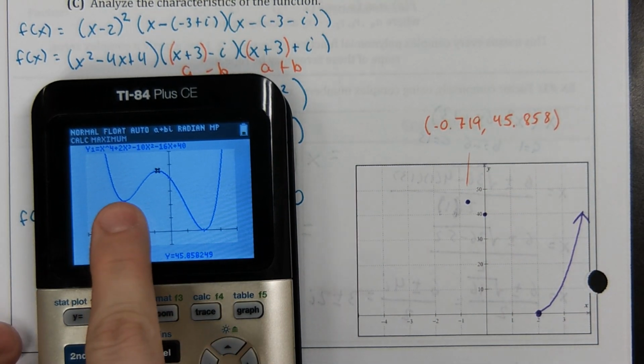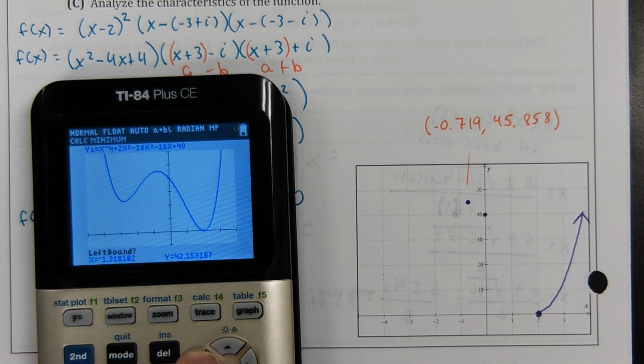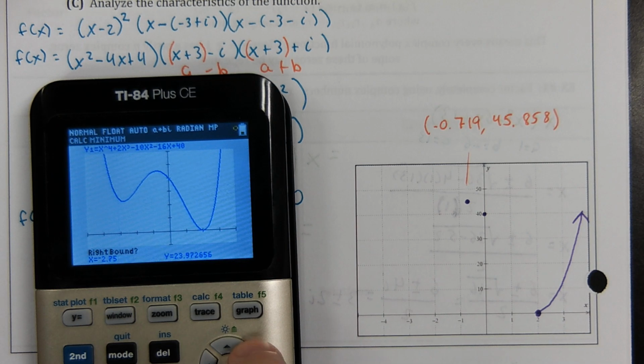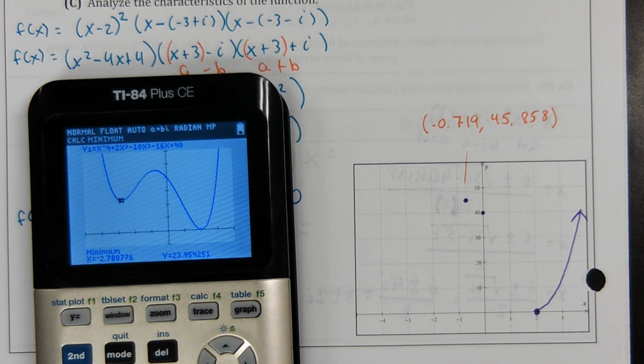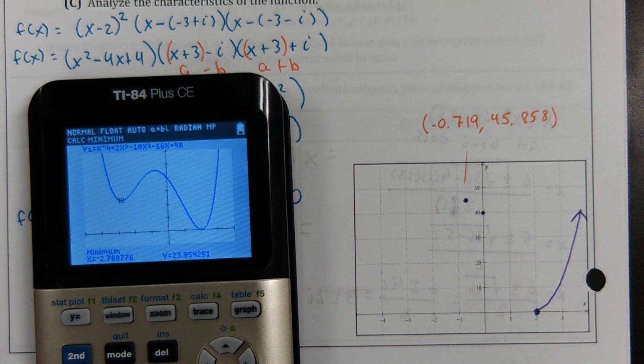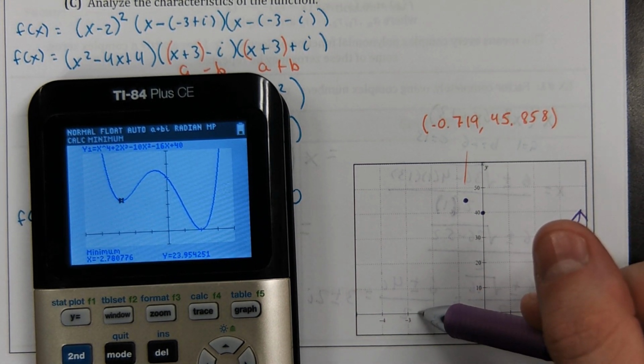And then I need to track down this minimum, second trace minimum. That's to the left. That's to the right. That's somewhere in between. Like negative 2 3/4, comma, almost 24.